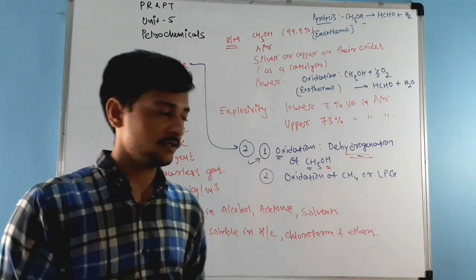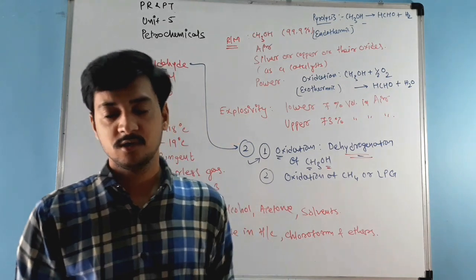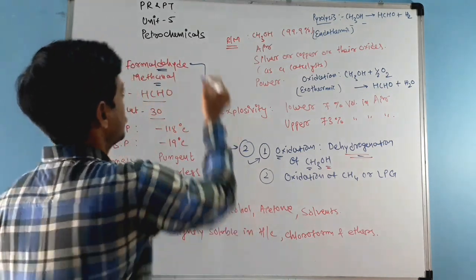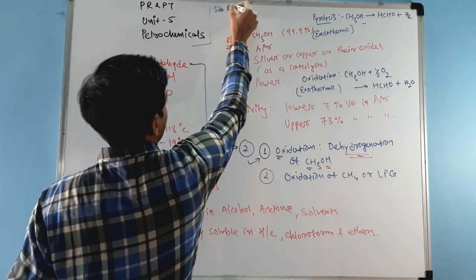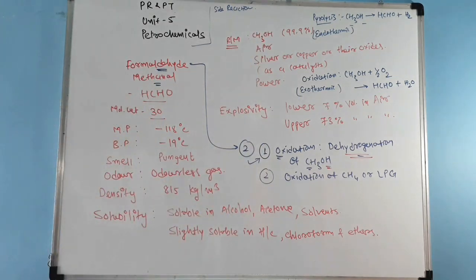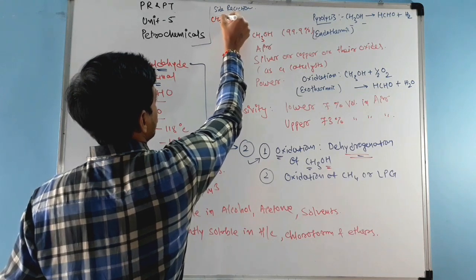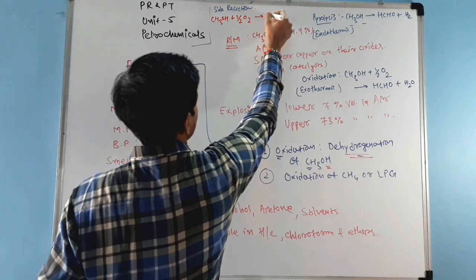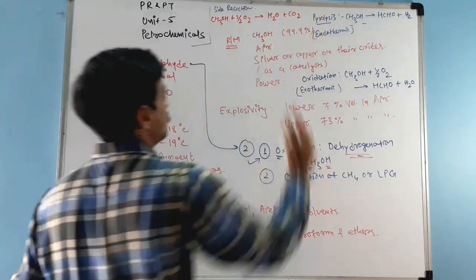During formaldehyde production one side reaction is there, which is complete combustion of methanol. CH3OH plus 3/2 O2 gives 2H2O plus CO2.